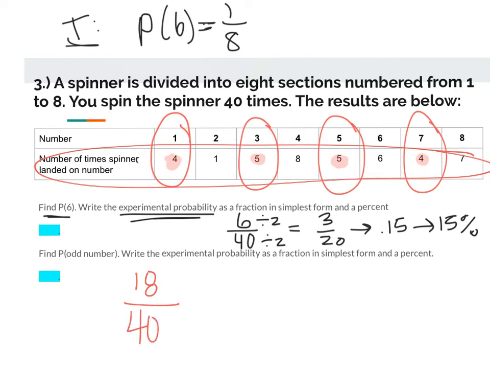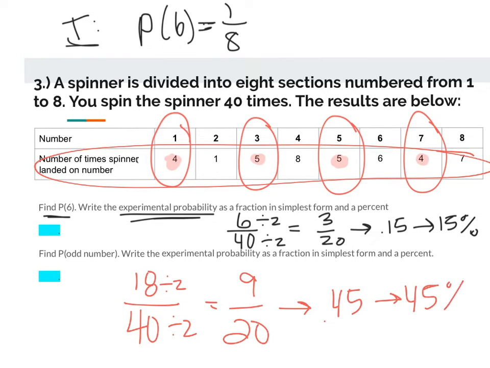So 18 over 40 would be the experimental probability of getting an odd number. Now we just need to simplify, so divide by 2, which would give me 9 over 20. And then we need to write it as a percent. So 9 divided by 20 would give us 45 hundredths, and that would give us 45%.